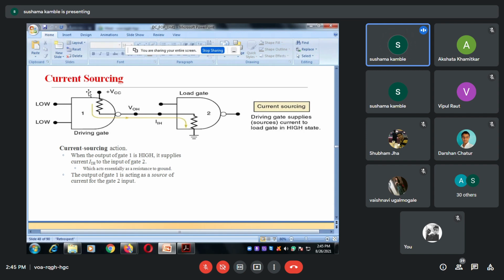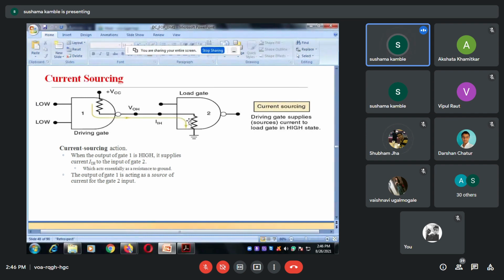Why is this called a driving gate? Because the output of this circuit is giving input to another circuit.